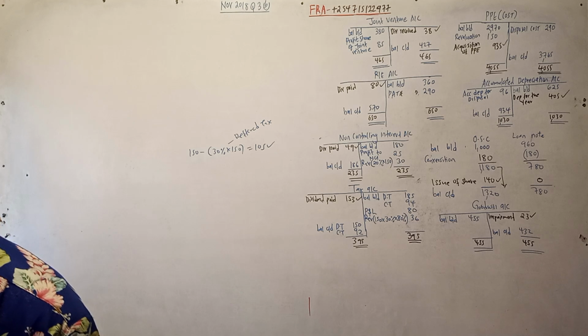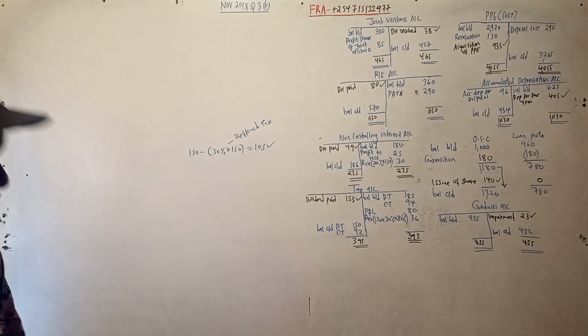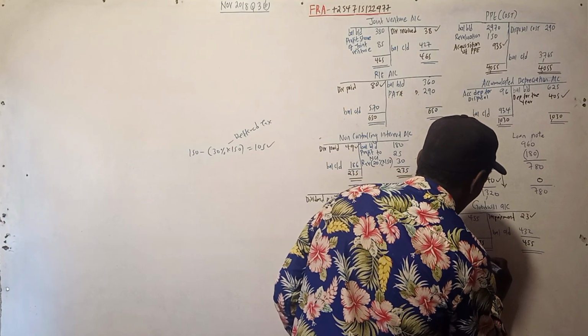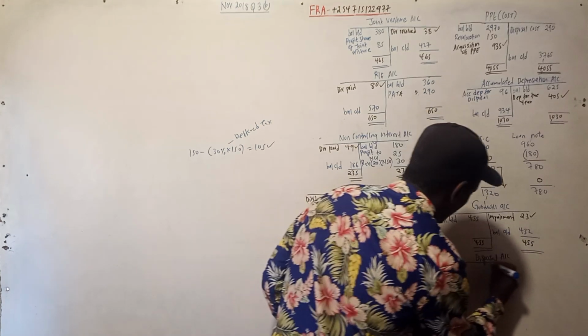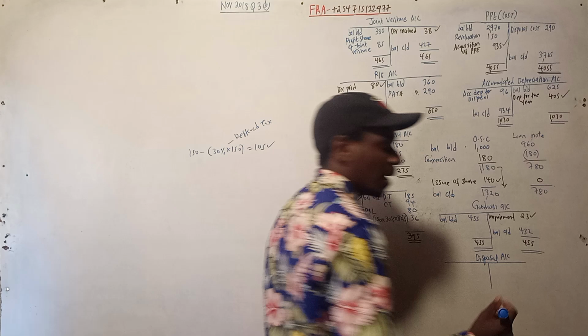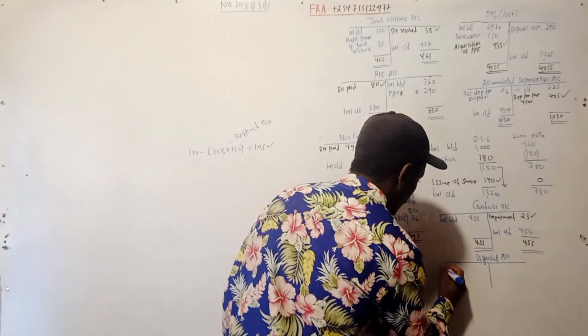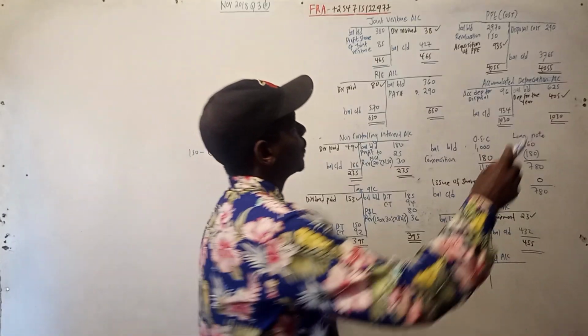Also, there is another account we need to prepare, the disposal account. This account usually does not have the balancing figure. What we record is the cost of an asset that was disposed, and you have it here.